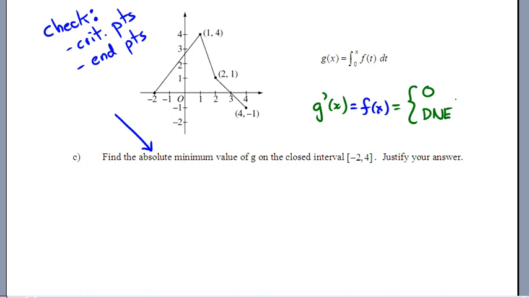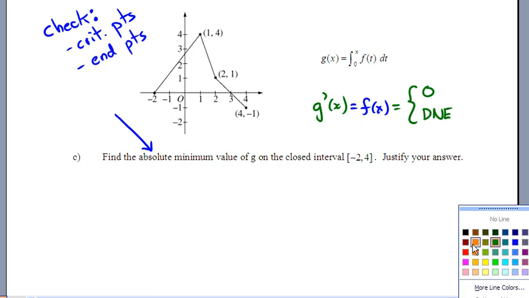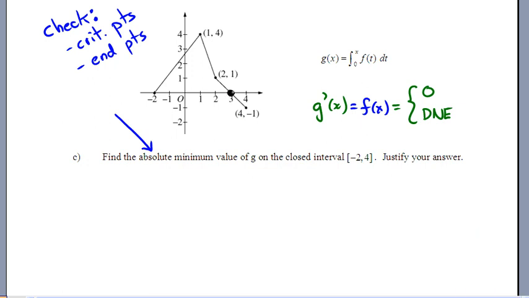Because you could have maximums or minimums hiding there. Well, it's just the picture. Is the picture ever hitting 0, or is the picture ever busted? The picture itself isn't busted at all from -2 all the way up to 4. It's fine. But it is 0. It's hitting a y value of 0 right there at 3. So I've got this interesting point to check at x equals 3. That's the interesting critical point.